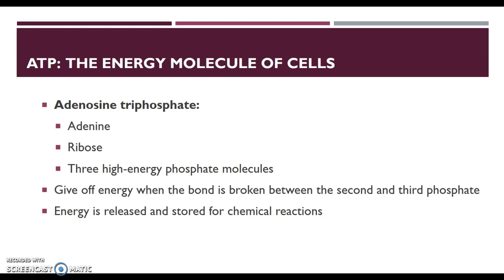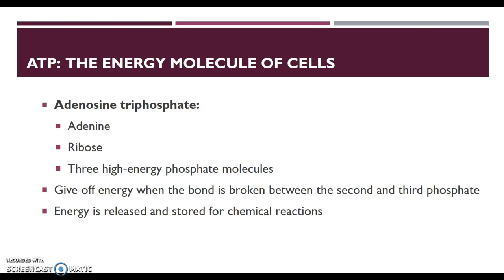ATP is the energy molecule of all cells, and it is composed of 3 things: adenine, which is the nitrogenous base, ribose, the 5-carbon sugar, and then it contains 3 very high energy phosphate molecules. And when the bond is broken between the 3rd and 2nd phosphate, we get a lot of energy released.